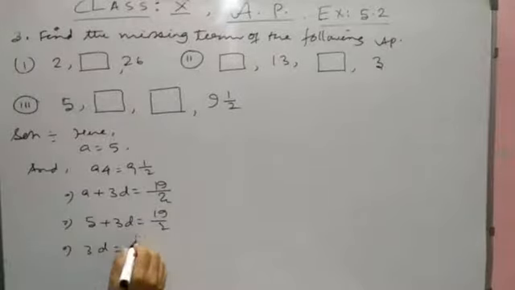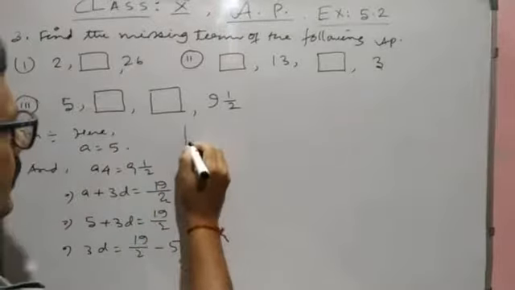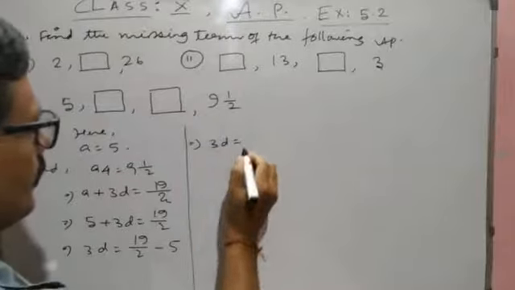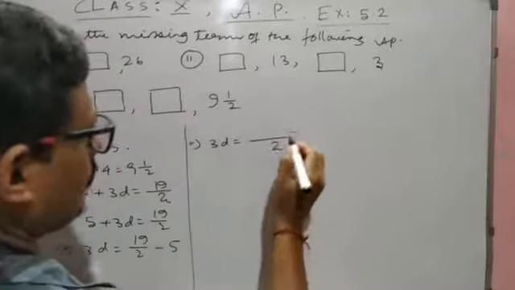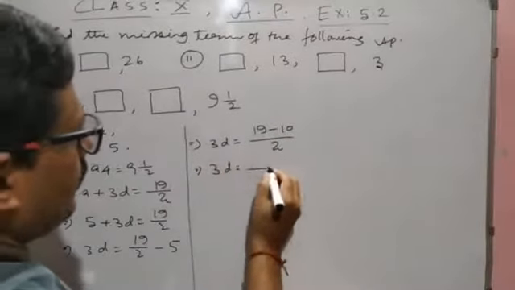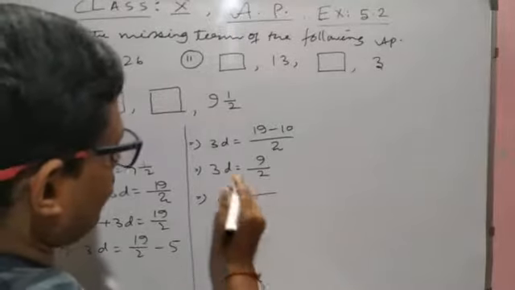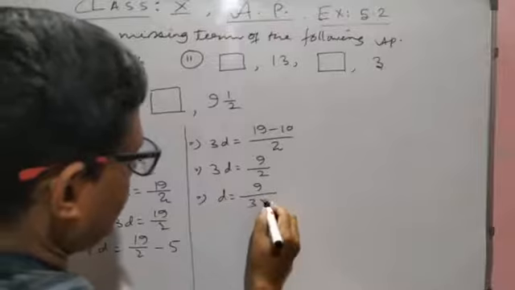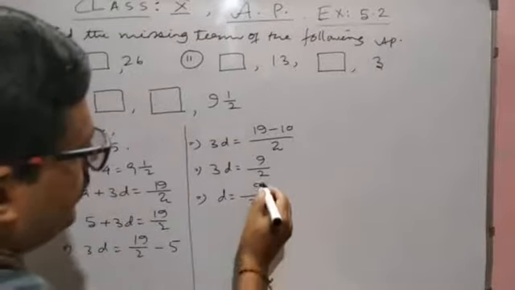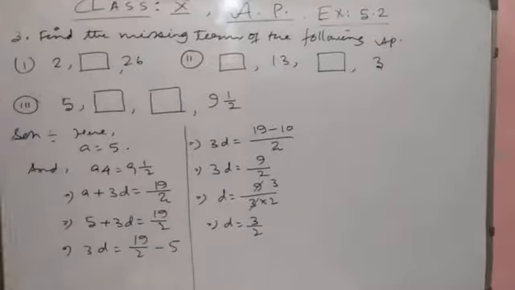This implies that 3d equal to 19 by 2 minus 5. If we take LCM, it will be 19 minus 10 over 2, so 3d equal to 9 by 2, and this implies that d equal to 9 by 2 divided by 3. This cancels, therefore d equal to 3 by 2.